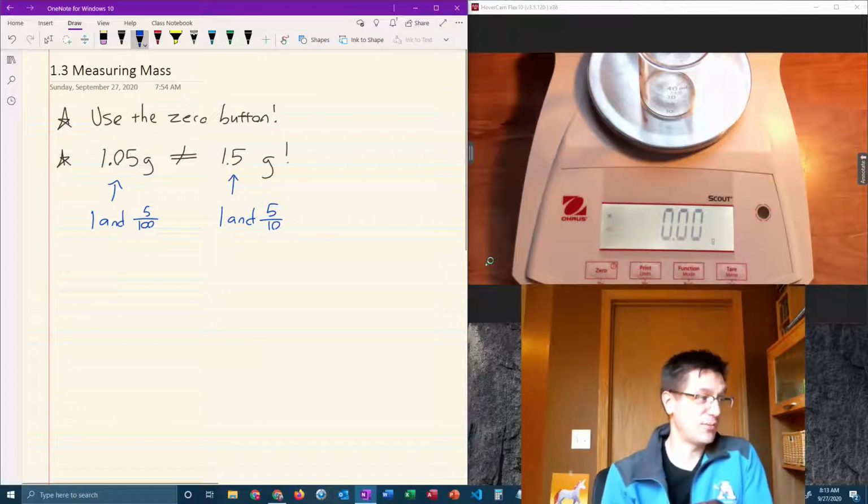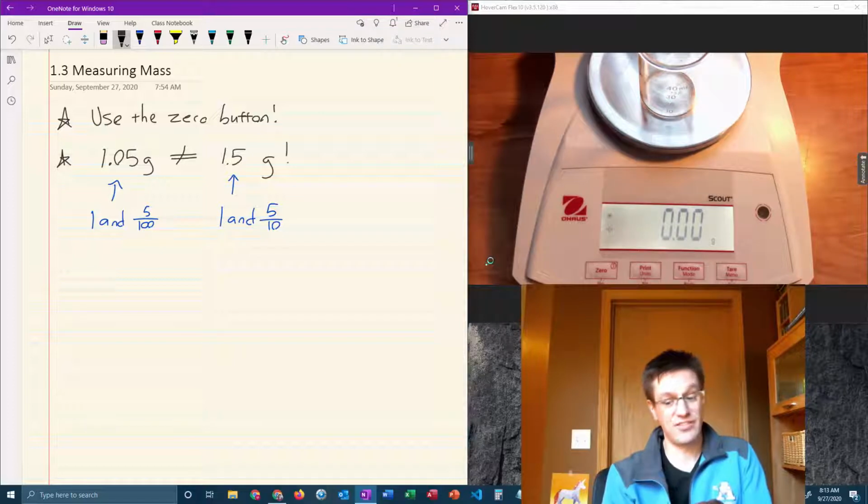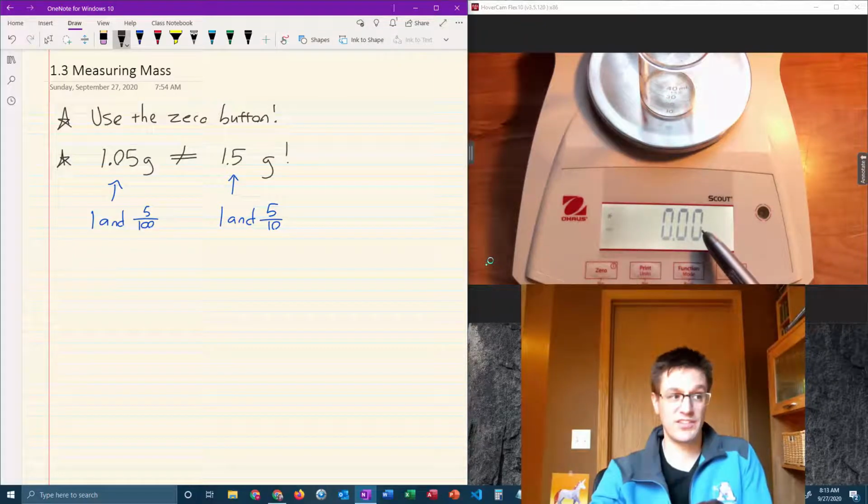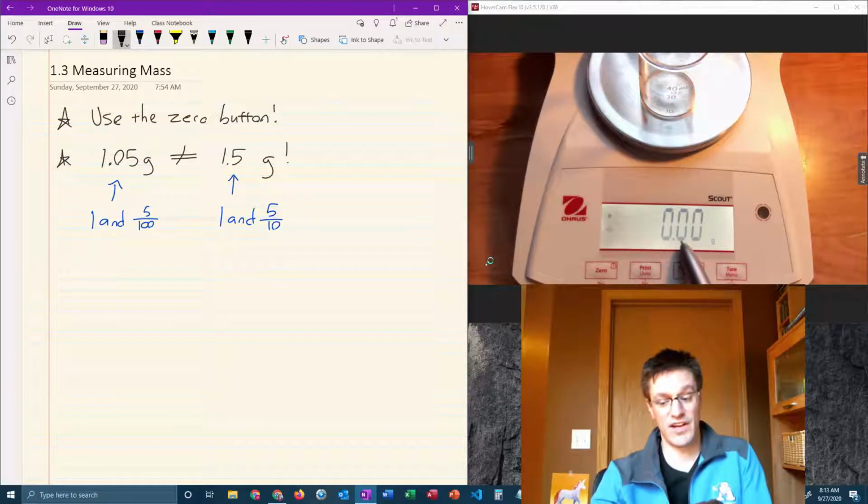Something similar to that is, if you're looking for 1.5, you'll notice on the scale we actually have 2 decimal places. So what we're looking for is a 1 here and a 5 right here and a 0 in the last place. So what that tells us is that 1.5 is actually the same as 1.50.